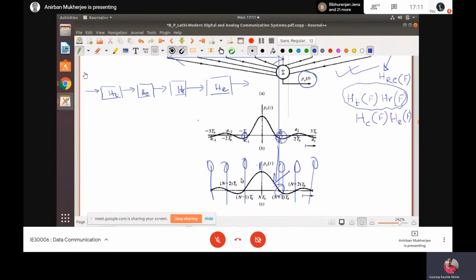The point of the zero forcing equalizer is that at the single sampling point the value is 1, and at all the rest of the points it is 0.